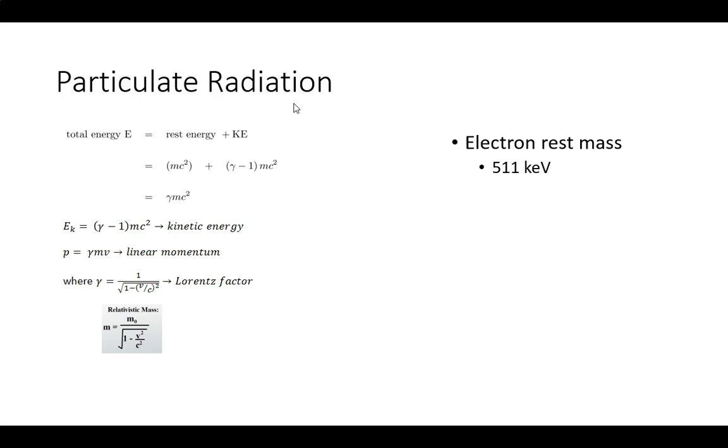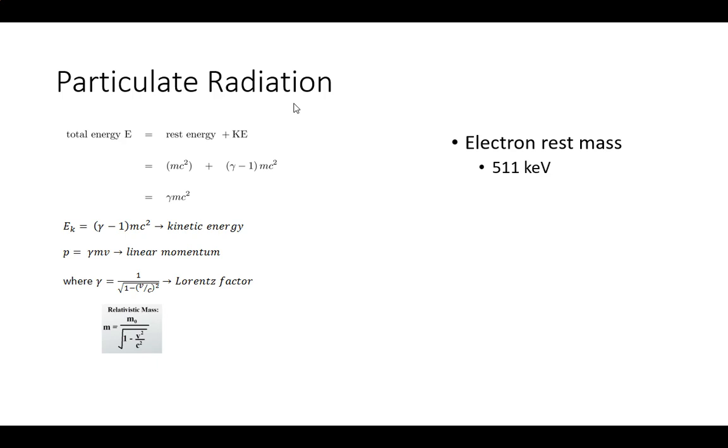So the real way to understand it relativistically is that the total energy is the rest energy, and the rest energy has to do with your rest mass, if I were to convert that rest mass into energy. This is where the famous E=mc² comes in. So that's your mc².